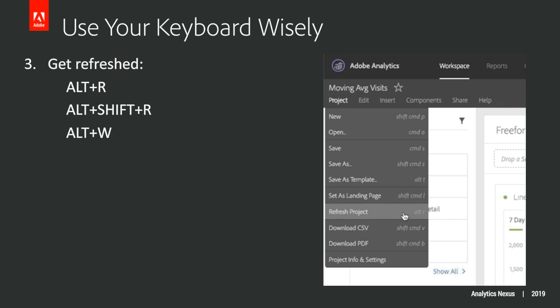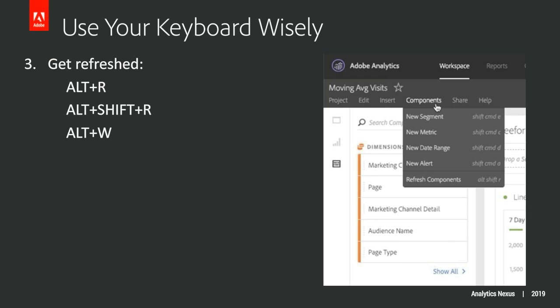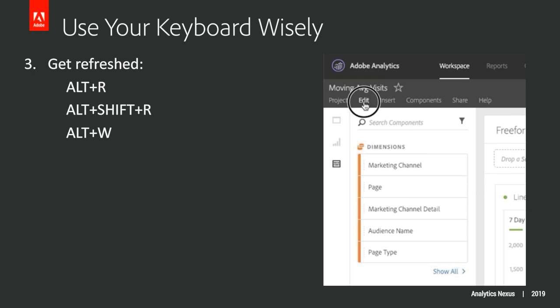When it comes to Alt-R, as you can see in the animated GIF here on the right, the focus for Alt-R is to completely refresh the data, the project side of your Analysis Workspace project. So all of your visualizations, your tables, your segment comparison results, contribution analyses, all of those kind of things will completely refresh when you hit Alt-R within Analysis Workspace.